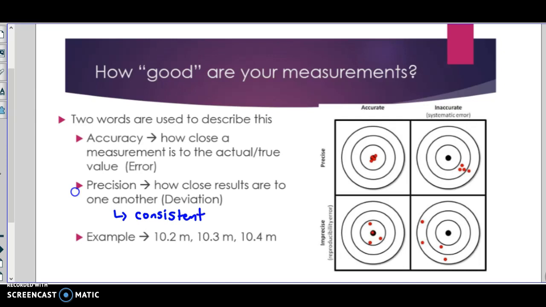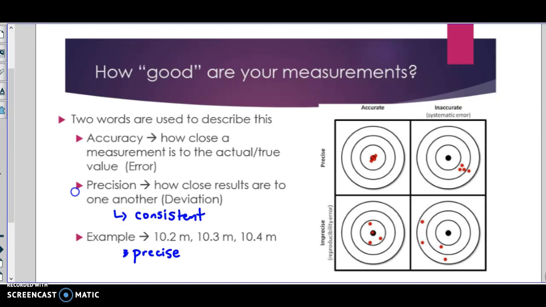The example below, 10.2, 10.3, and 10.4 meters, would represent the width of a classroom. Please sit there and think about whether these numbers are accurate or precise, both or neither, and pause the video as you do. Hopefully, you decided that these numbers are precise because they're close together.